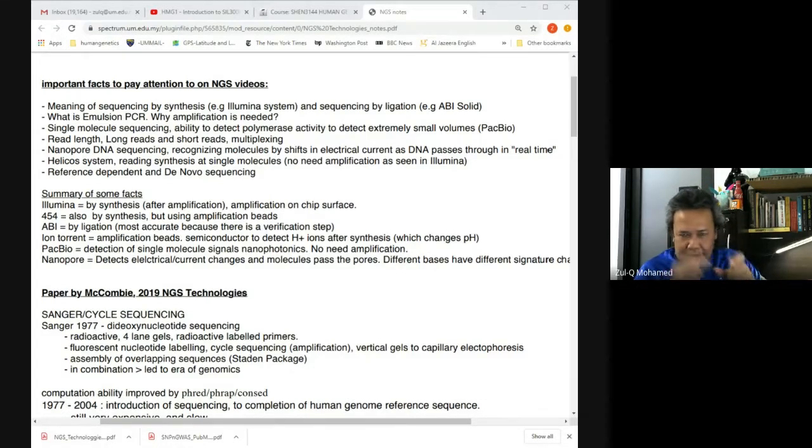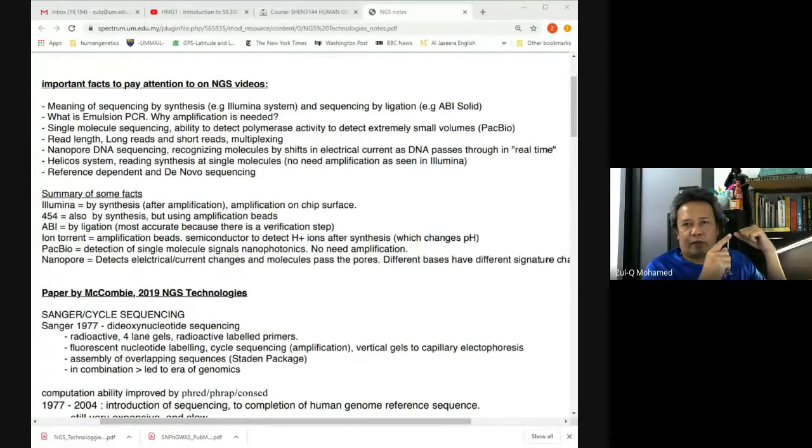They have a well, with some technology called zero-mode waveguide or something, but basically they are able to detect fluorescence from a single molecule. So that's why it doesn't require amplification.